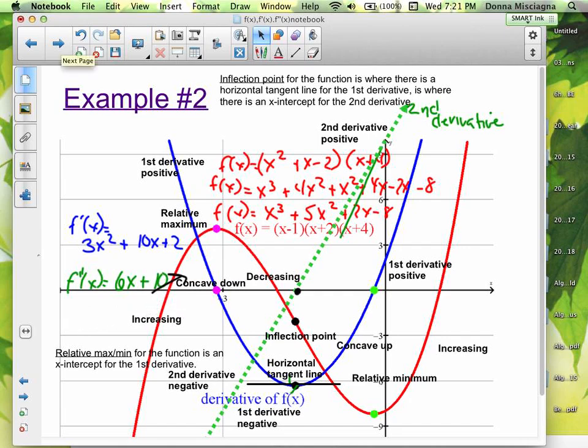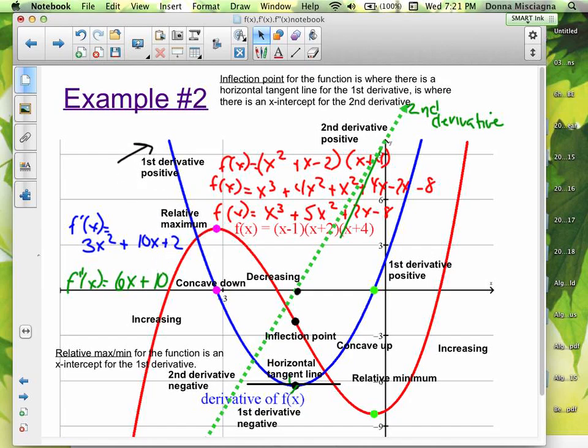So we have a relative maximum here at negative 3, well, almost negative 3, and that corresponds to an x-intercept at almost negative 3. Right? Our function is increasing from negative infinity to almost negative 3.